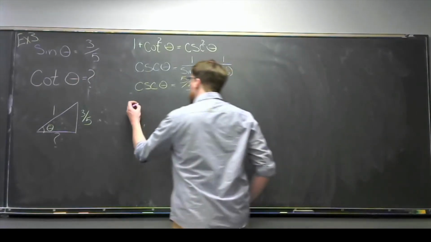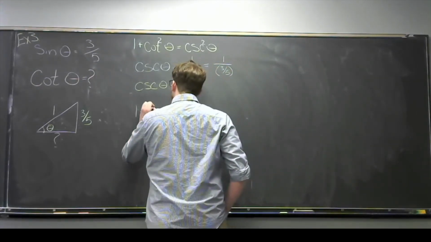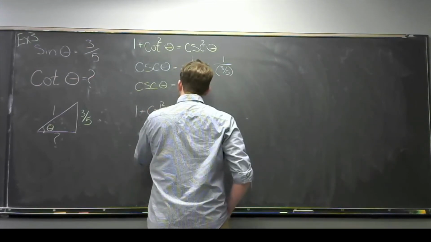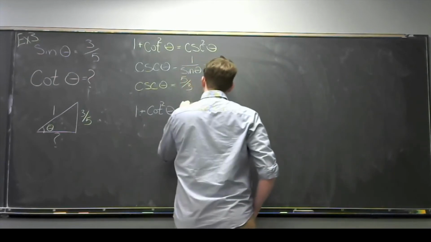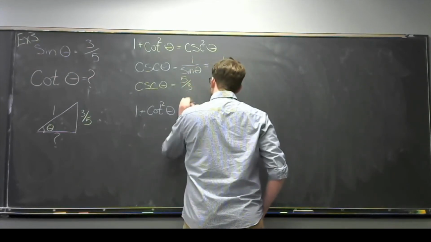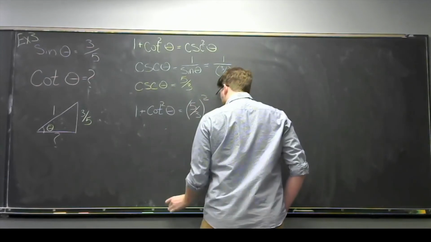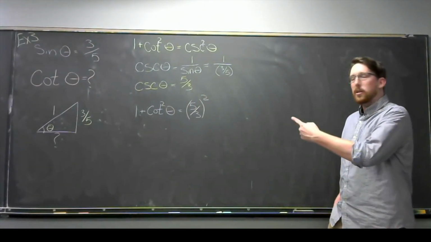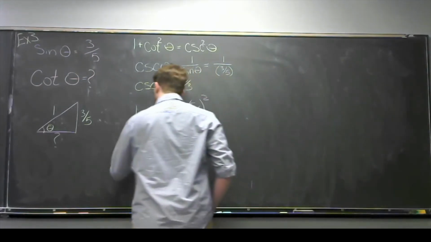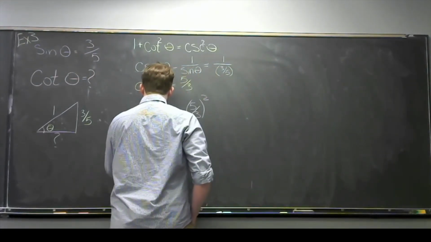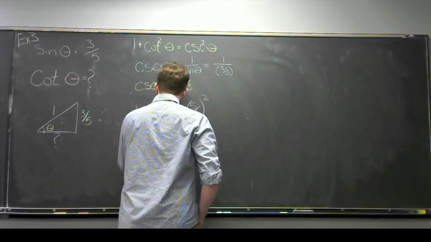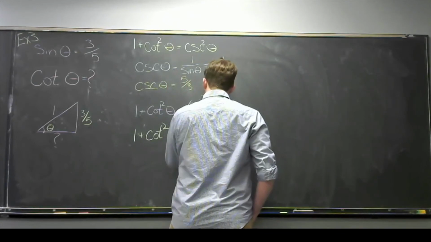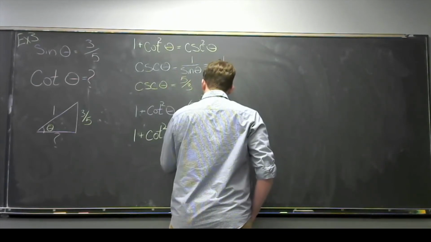Throwing that in, we get 1 plus cotangent squared of theta is equal to 5 over 3 squared. So let's go ahead and calculate that fraction. We've got 1 plus cotangent squared of theta is equal to 25 over 9.